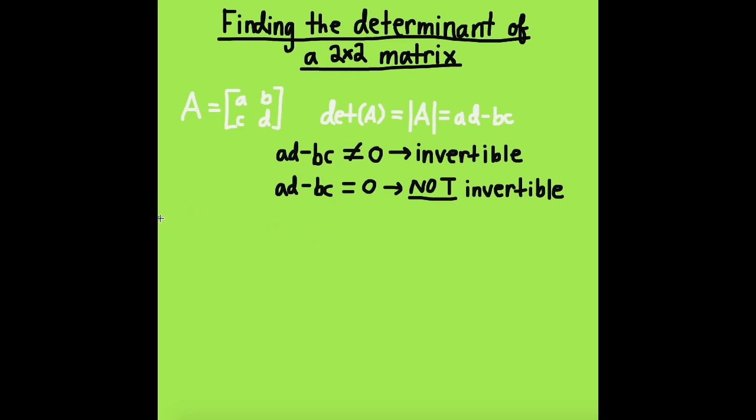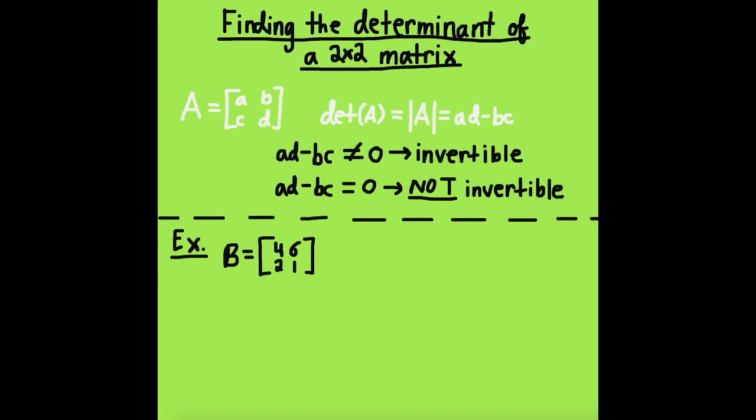So let's do some practice problems. Let's say we have matrix B that is equal to 4, 6, 2, 1. What is the determinant of matrix B? First, let's check if this is a 2 by 2 matrix, as the formula for the determinant will work only if the matrix is a 2 by 2 matrix.